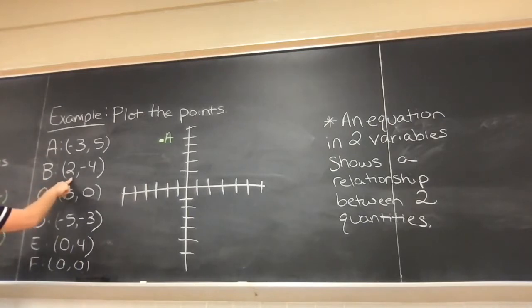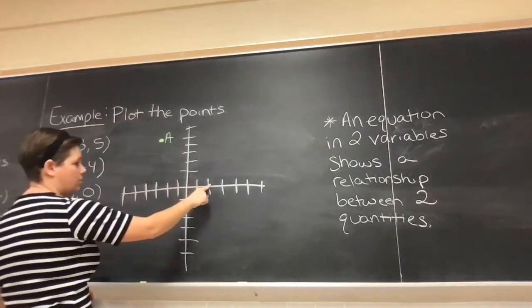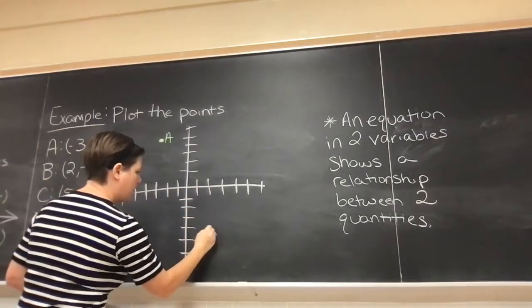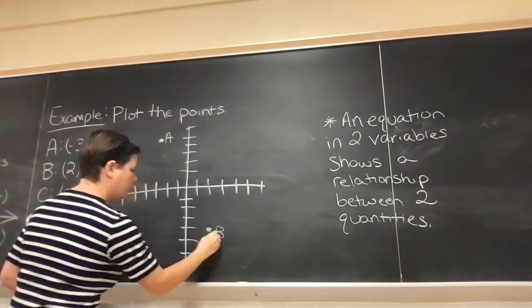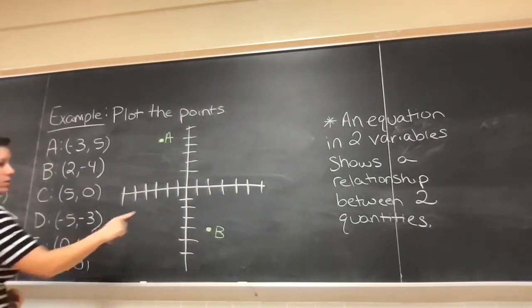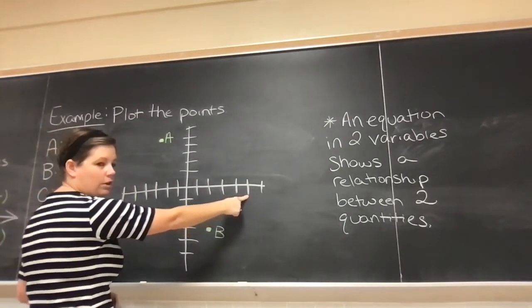B is (2, -4). So we go to the right 2 and then down 1, 2, 3, 4. There's point B. C, we have (5, 0). So we're going to go 1, 2, 3, 4, 5, and then our y value was 0.